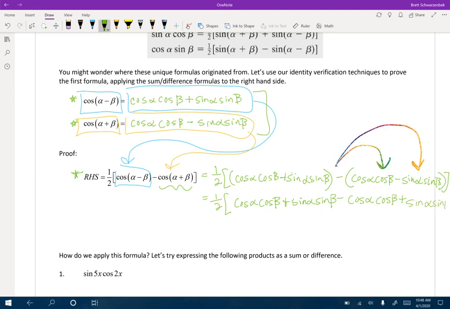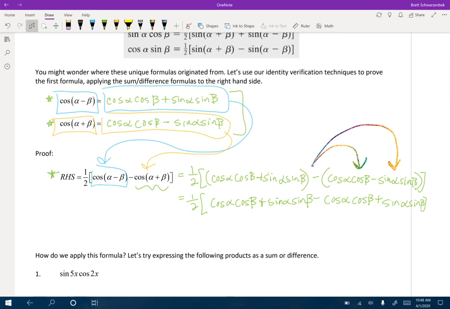So if you look at this really closely, we actually have 1, 2, 3, 4 quantities. And if you look really closely, you can see right now, hopefully, that 2 of these quantities actually cancel out.